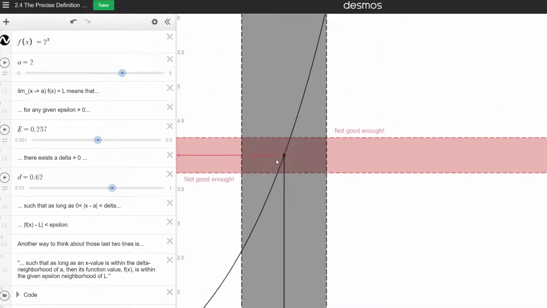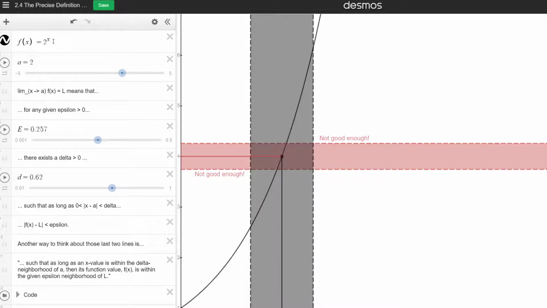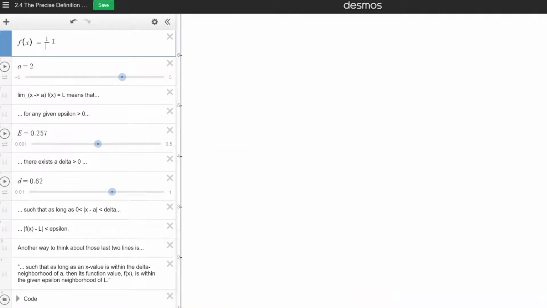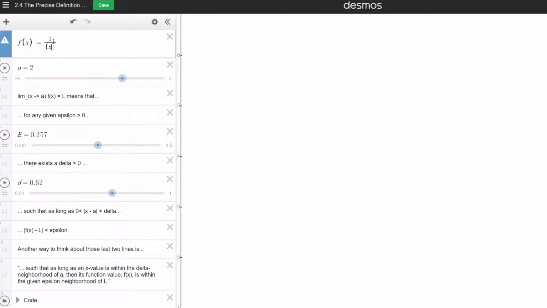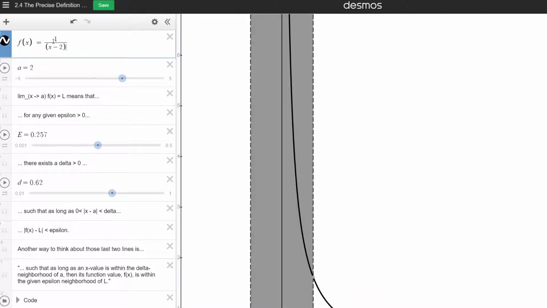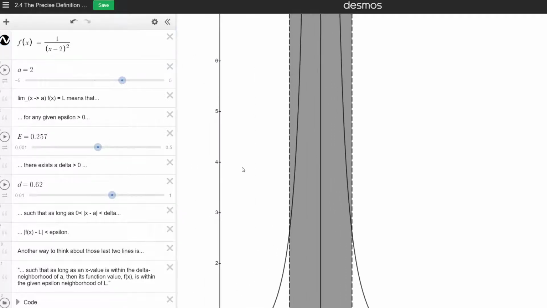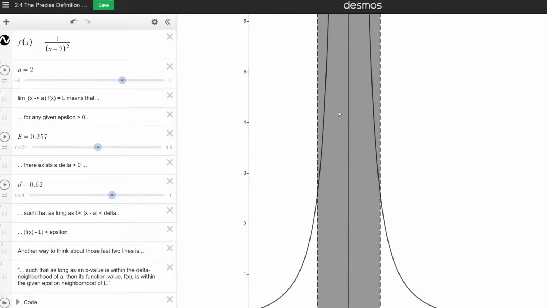However, suppose that instead of the function 2 raised to the x, we were dealing with something like 1 over the quantity x minus 2 raised to the second power. Now, if you look at this, there's no epsilon neighborhood that I can create around, let's say, a height of 4 here.